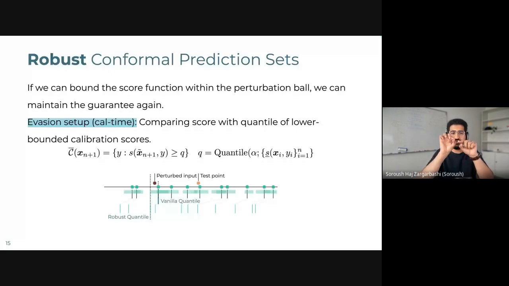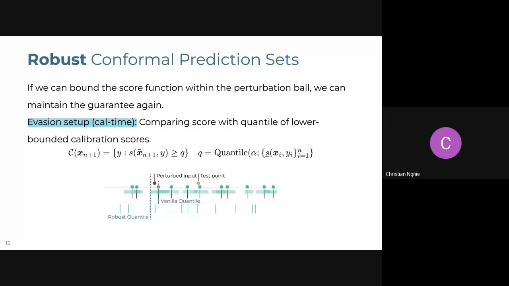I know that this lower bound is lower than any score for any perturbation around this clean point. And the perturbed point is also inside the circle. So any score that the perturbed point has is higher than the lower bound for the clean point. So if the clean point is covered, any score inside this region is also covered, including the perturbed input. Okay, yeah, got you.